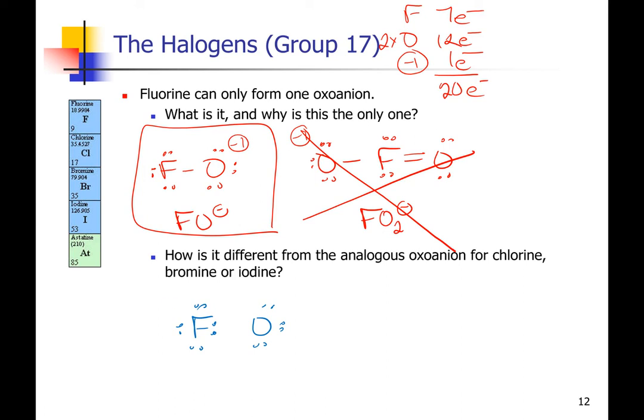And so as a result, we wind up with an oxidation state of -1 on the fluorine and an oxidation state of 0 on the oxygen atom, which is different from every single other oxoanion of every single other element, because in all the other oxoanions, oxygen has an oxidation state of -2 because oxygen is the more electronegative element. So this is a rather unique oxoanion because the oxygen does not have an oxidation state of -2.